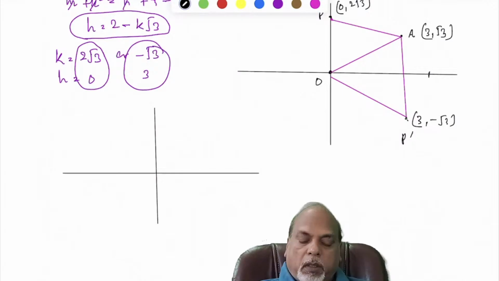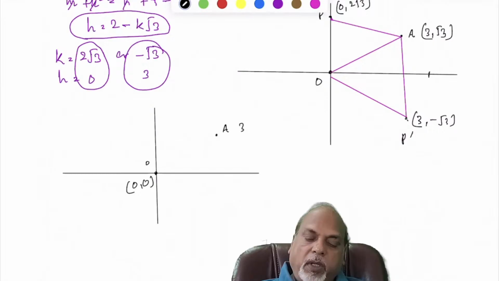There is another method of solving this one. Let us plot this point. O point is this, and your A point is 3 root 3. That means, let us see what this angle is.